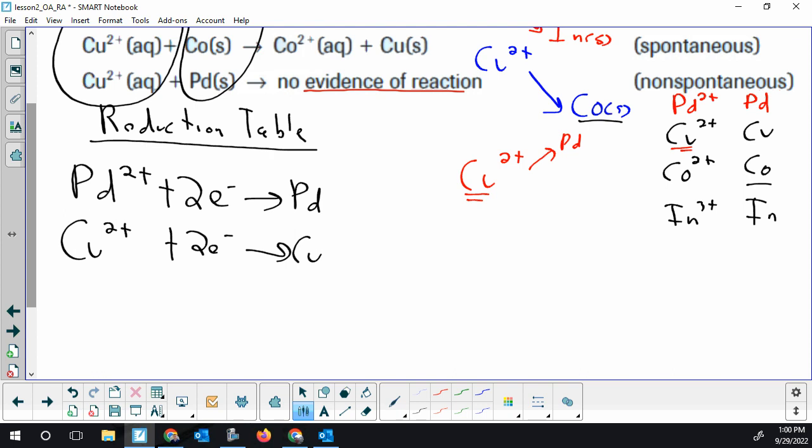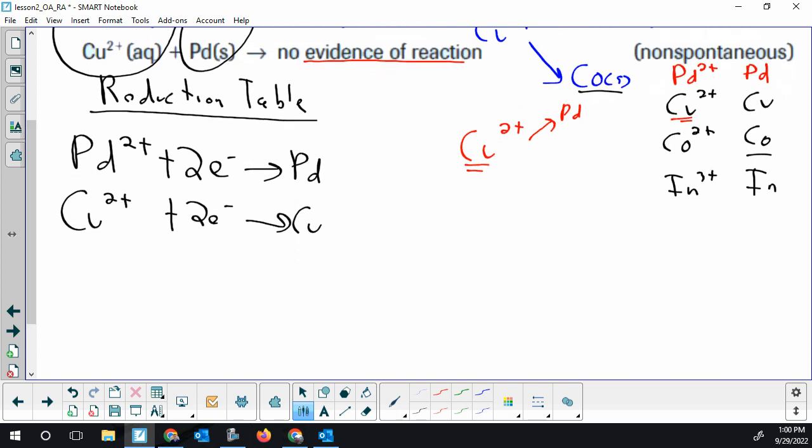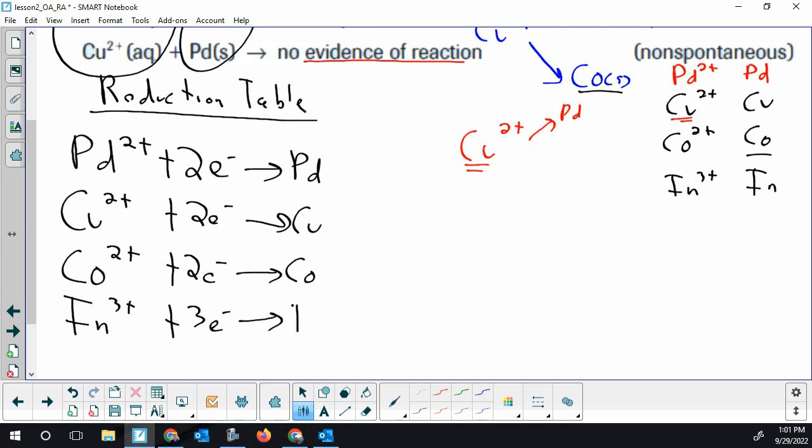Next, we're down to cobalt. Yet another 2+. Last, we have indium. Now, this is a 3+ ion, so we're going to need 3 electrons. And that is our reduction table. It's all gaining electrons.